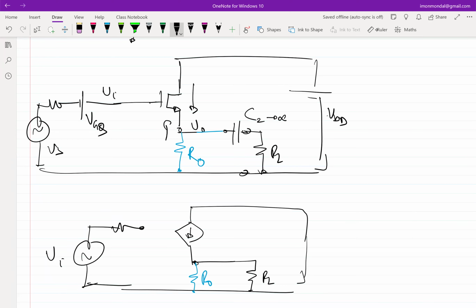Okay, so now let's say we cannot do this. Let's say you can use a current source. Do you have any additional idea? Yeah, right. I can simply replace R naught with a current source. So this goes off.